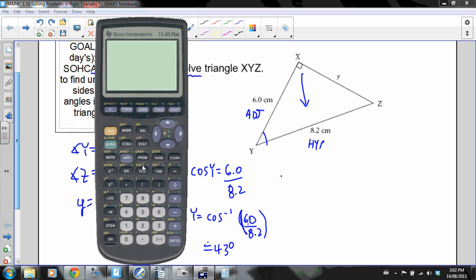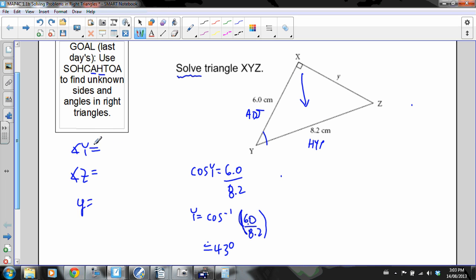I want the cos minus 1, so second function cos, and I can see that right away, cos minus 1, 6.0 divided by 8.2, end bracket, and I press enter, or equals, and there's the 43 degrees. 1 step on the calculator, so that's kind of nice. Save a little time.